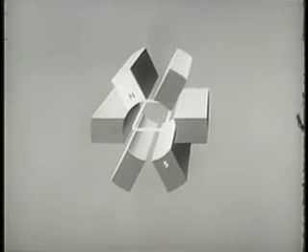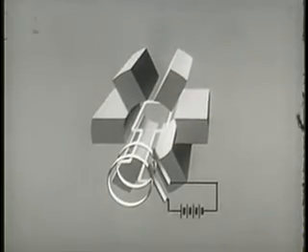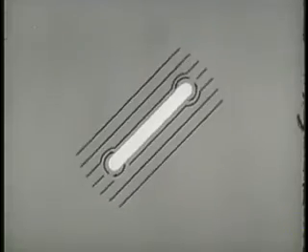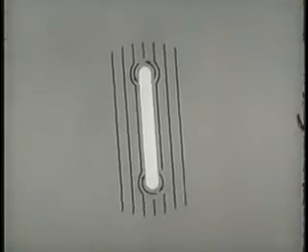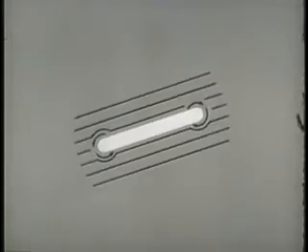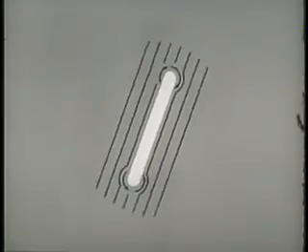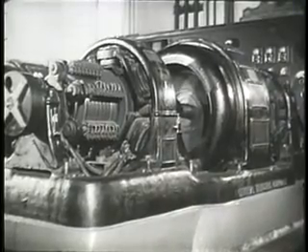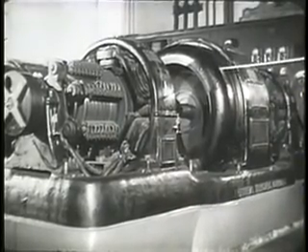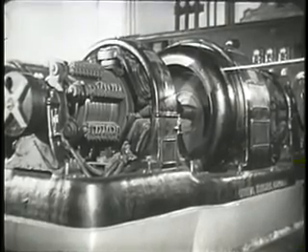Here, a multi-phase source of AC is applied to the stator windings, producing a rotating field, and a separate DC voltage is applied to the rotor windings, producing an independent magnetic field. There is no need for relative motion here. The synchronous motor is so designed that the rotor and the field rotate at the same speed. This is of importance when synchronous motors are used to drive equipment requiring this characteristic.